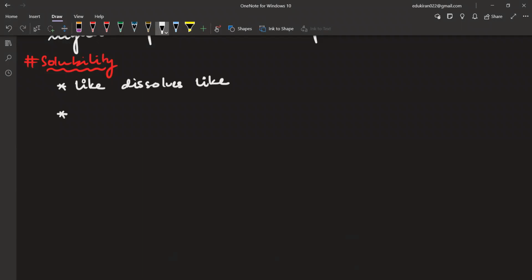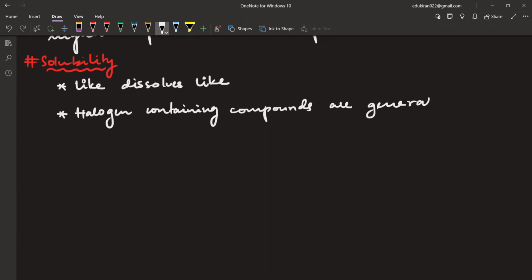What about halogens? The halogen containing. Write this with me. Halogen containing compounds are generally polar in nature.